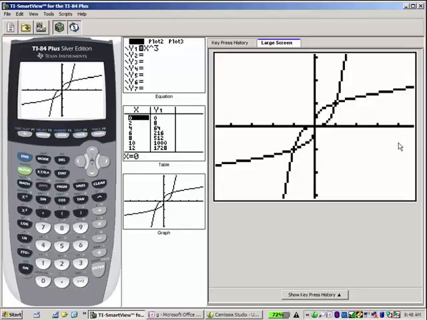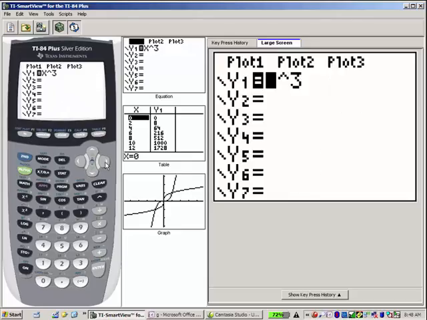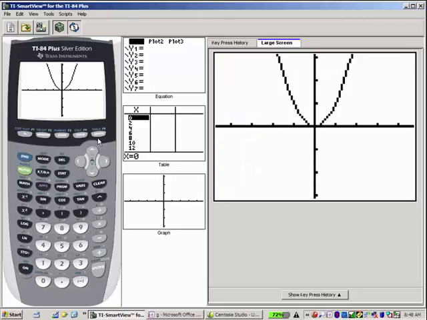Now, there's a very important distinction between an inverse relation and an inverse function. So these are both inverse functions and relations. However, if I change this to x squared, without even doing it, don't do anything, what would the inverse of x squared look like?